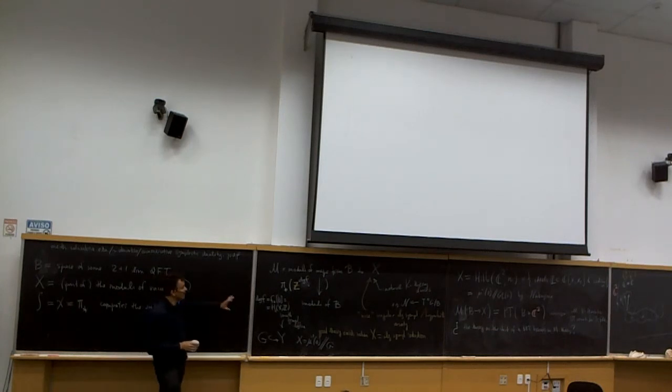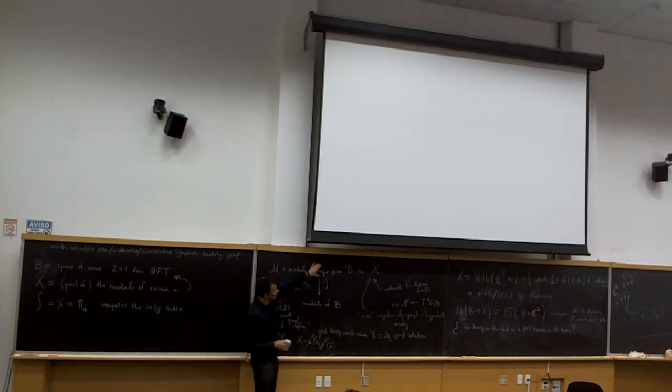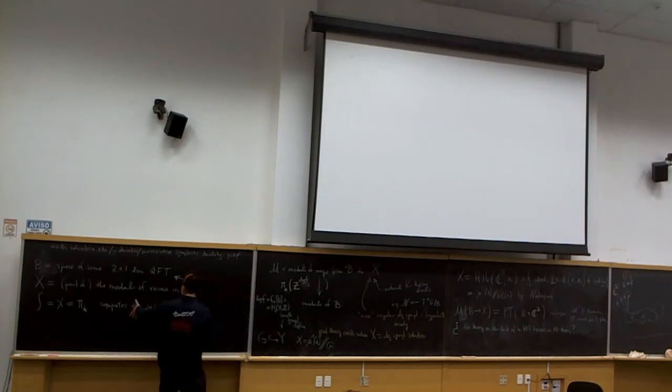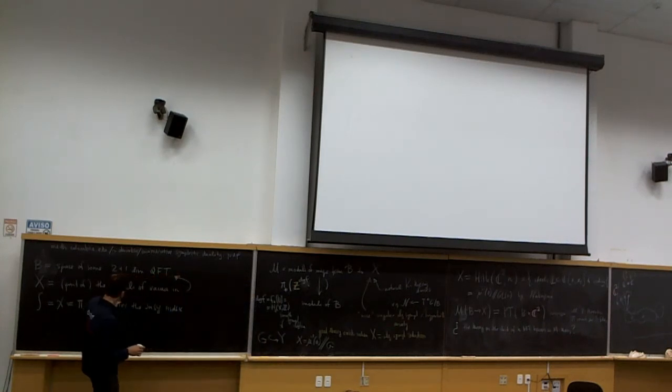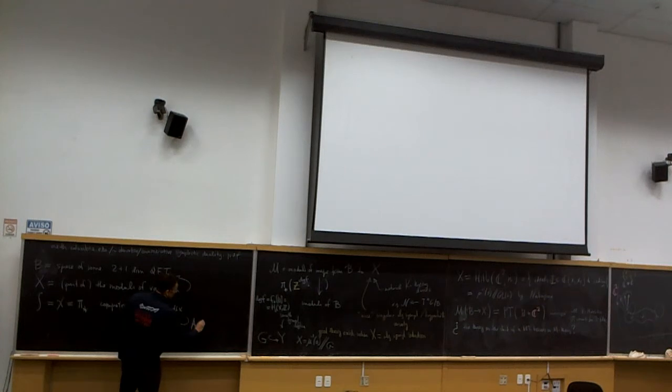Maybe one more time. When you compute this index, this is a representation. There's a representation of all automorphisms, so automorphisms of X act here.